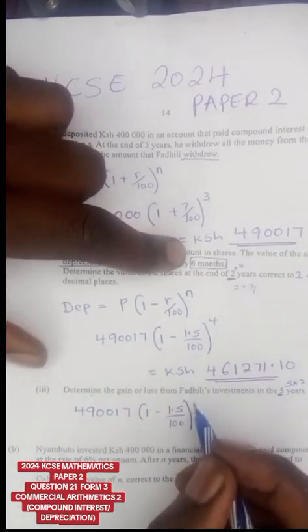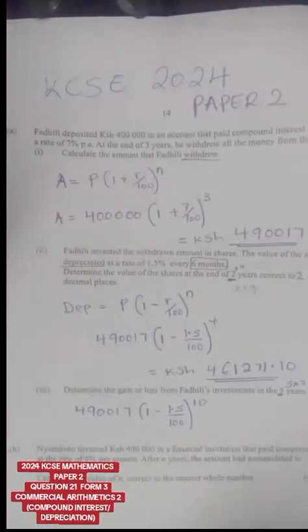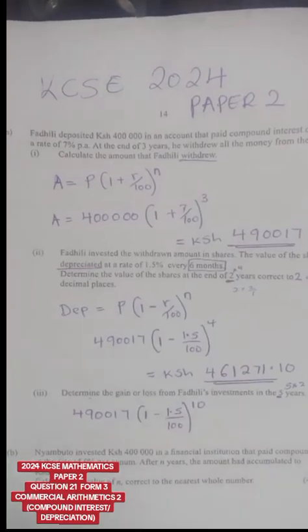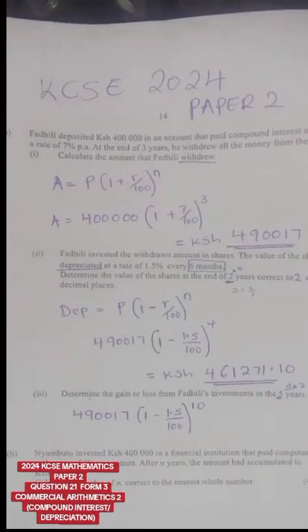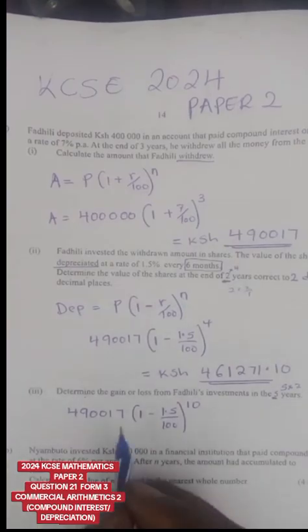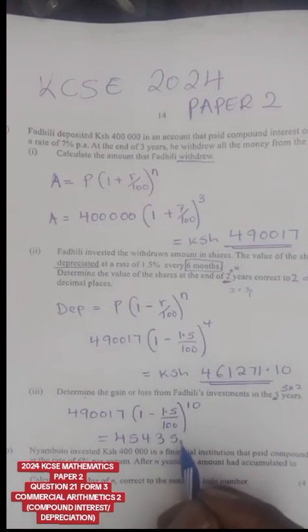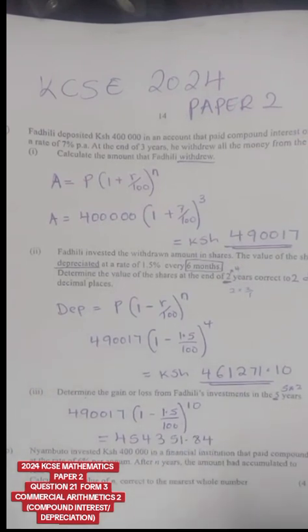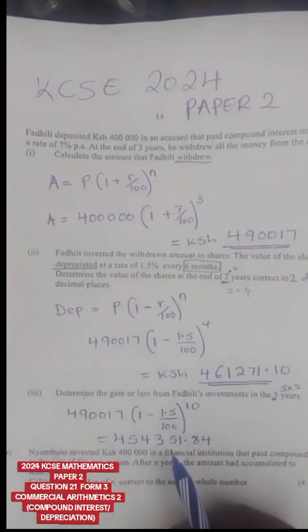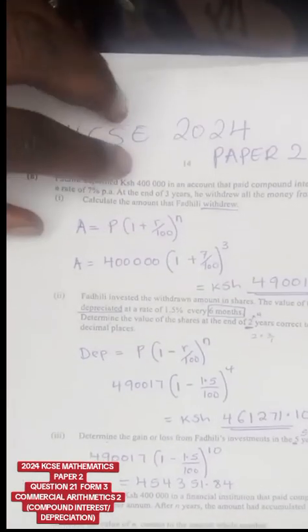To calculate that, we have 1.5 over 100, then 1 minus the answer, then power 10, times 490,017. And we find that the amount after 5 years was 454,351.84. But now what is the question asking? The question is asking if this is a gain or a loss. Initially Fadhili had 400,000, but now after 5 years it is this amount here.